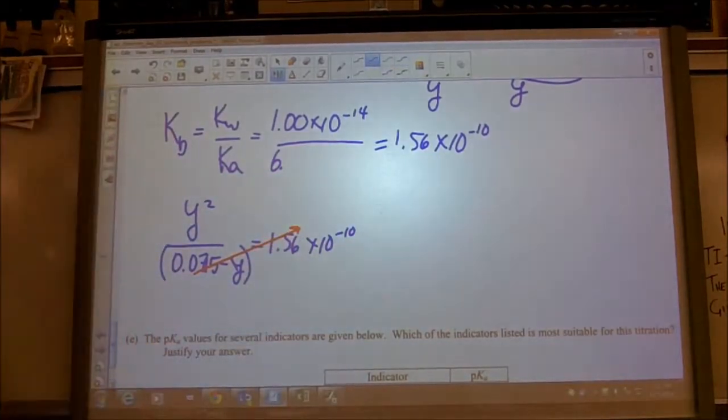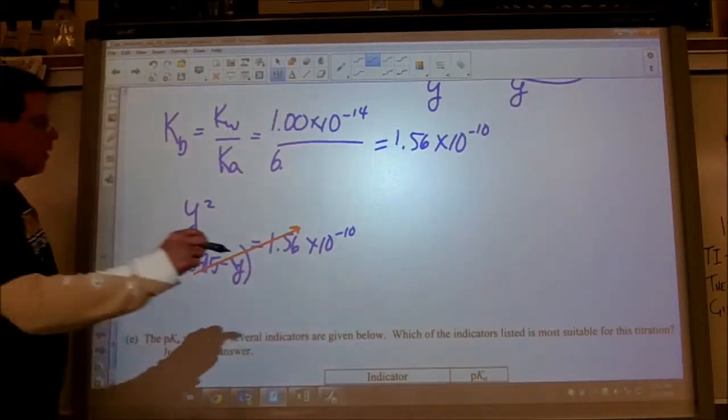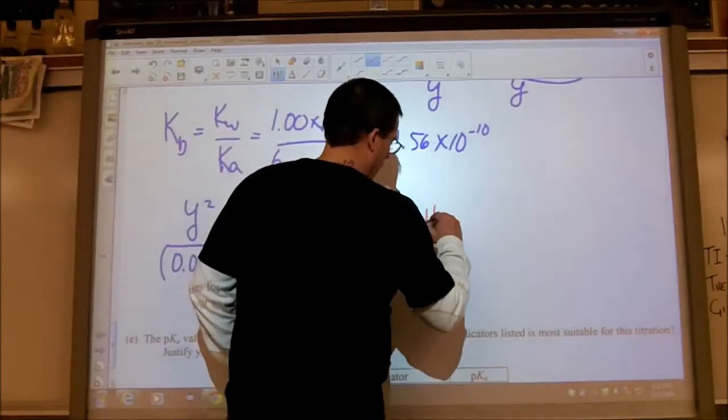And then solve for Y. Y will be your hydroxide concentration, so take 14 minus that after you do the negative log. What'd you get?